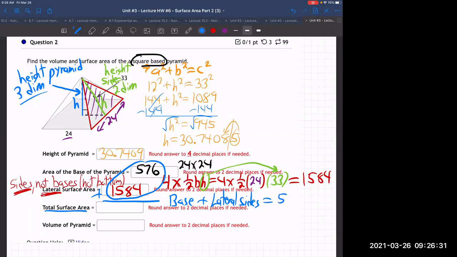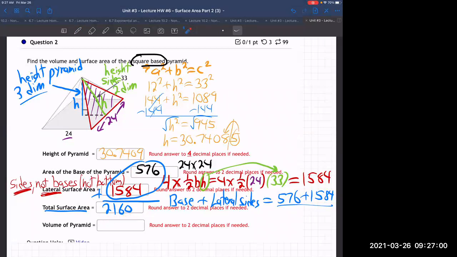So it's going to be the 576 plus the 1584. Just add those up on your calculator. Add up those last two answers. I'm getting 2160. That's the total surface area. So that's all four sides, which we got right here, and the bottom, 576. Add it up, total surface area around that pyramid, all four sides and the bottom, 2160.